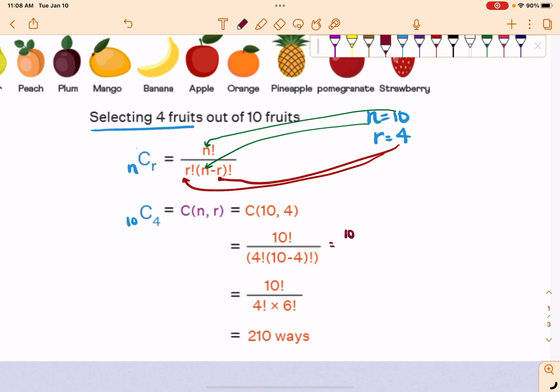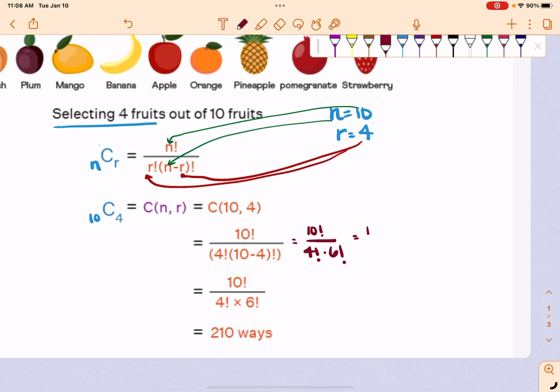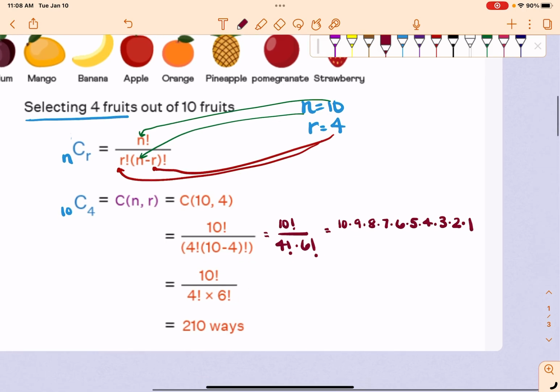So that's going to be 6. So 10 factorial is 10, 9, 8, 7, 6, 5, 4, 3, 2, 1. On the bottom, I'm going to have 4 factorial and then 6 factorial.